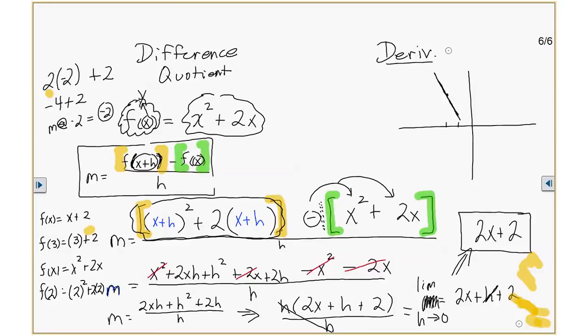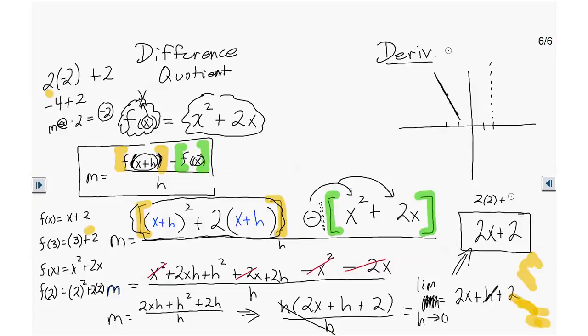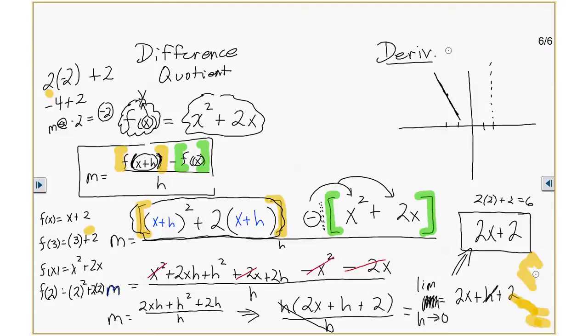It's going down. So somebody pick a positive point, X. 2. So somewhere in this area, 2 times 2 is what? 4. 4 plus 2 is what? 6. So at this point the slope is 6.